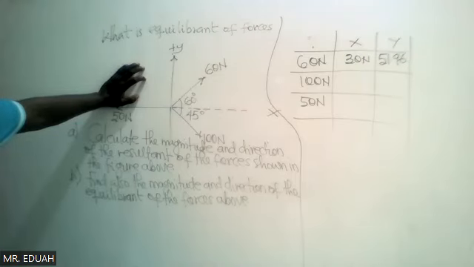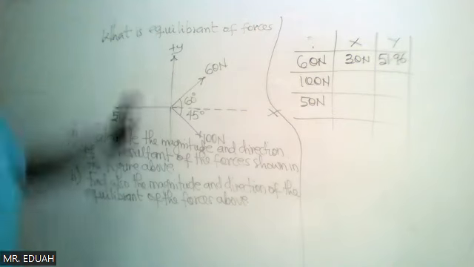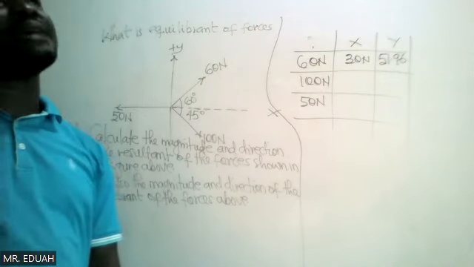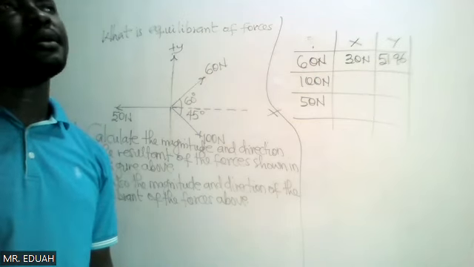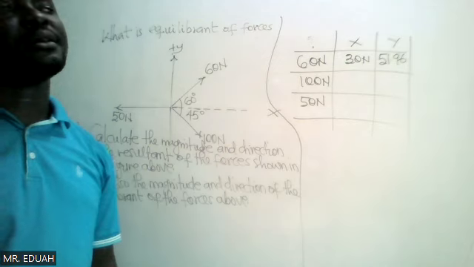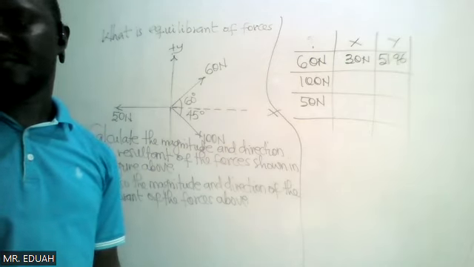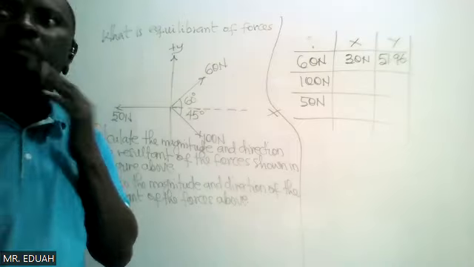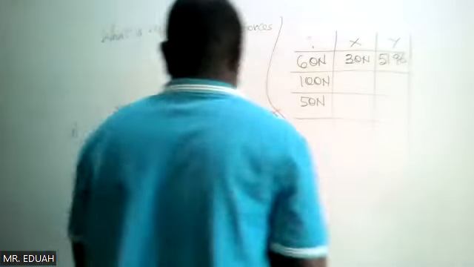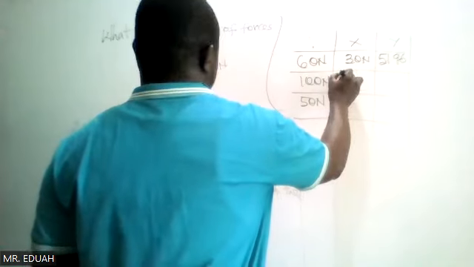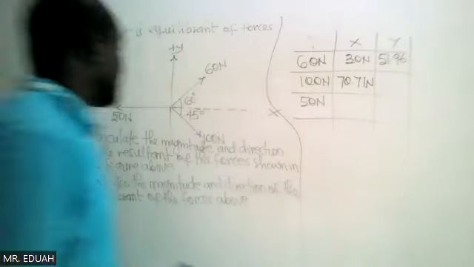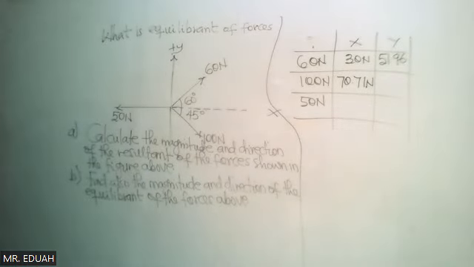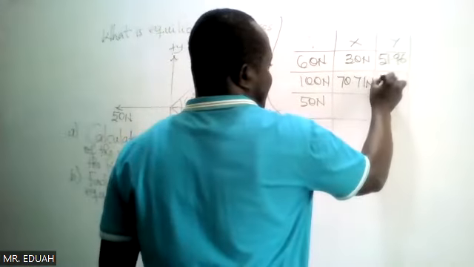So 50 root 2, so 50 times 1.414 is 70.71 Newton at the X, and the negative of it as the Y.